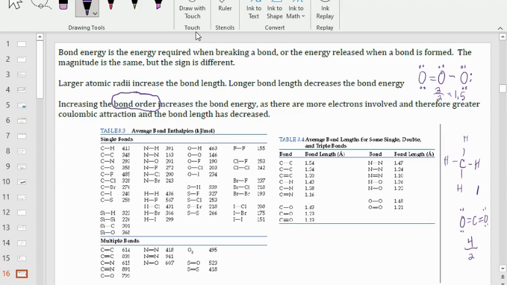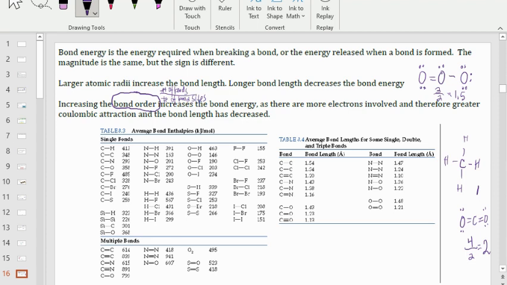How many bond sites? 2. My bond order is 2. So bond order is number of bonds divided by number of bond sites.